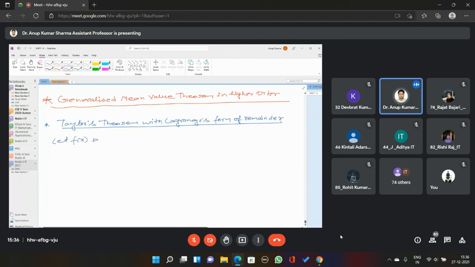Let f(x) be defined and have continuous derivatives up to the (n+1)th order in some interval I. This interval contains a point A. I is not specified, but I will ask you what it could be.